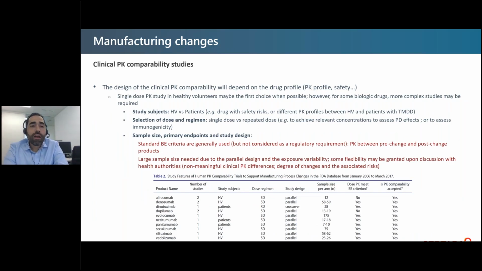In terms of design of the clinical PK comparability studies, we may prefer simple studies, meaning a single dose in healthy volunteers. However, this is not always feasible, and this will depend on the profile of your drug. For example, if you have any safety risk with your drug or you have a specific PK profile in your patients, you cannot enroll only healthy volunteers.